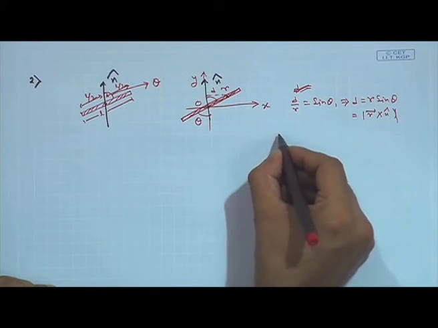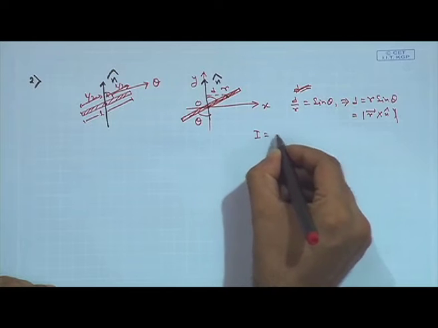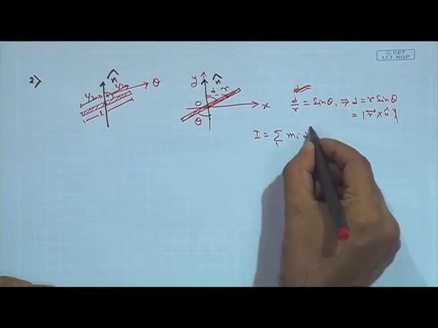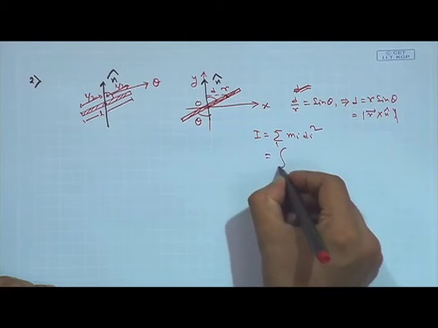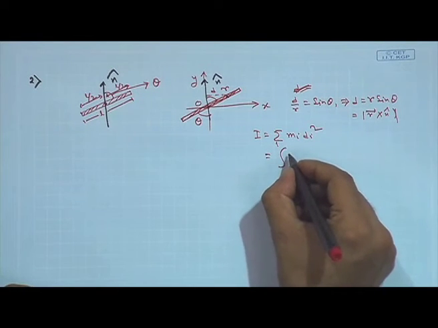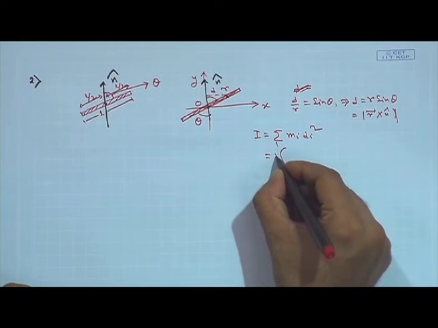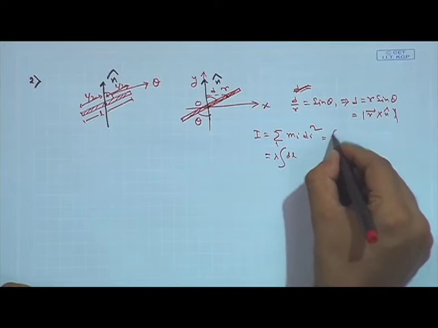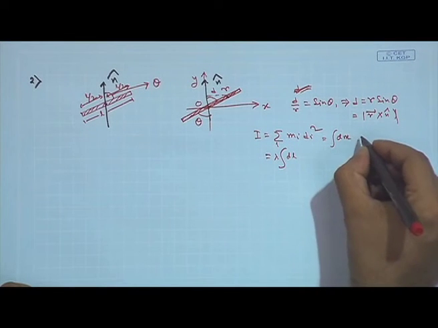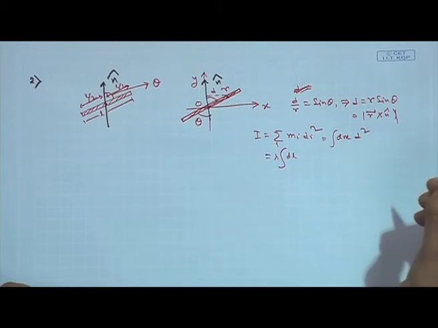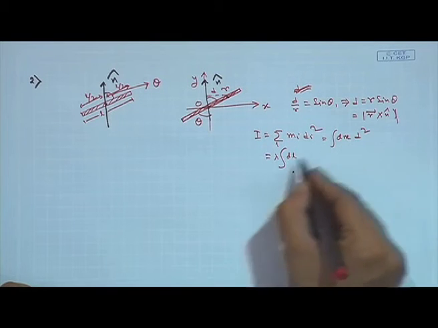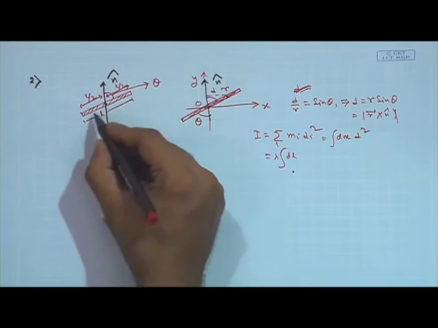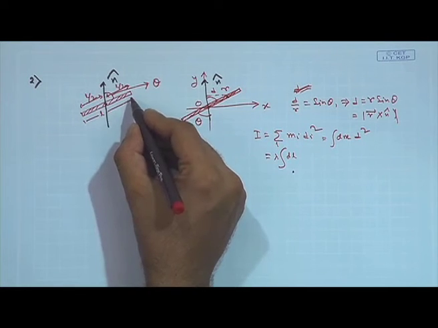The moment of inertia according to the standard formula is the sum of m_i d_i square, which in integral notation is the integral of dm d square, where we can write dm as lambda dl, lambda being the mass per unit length of this rod.